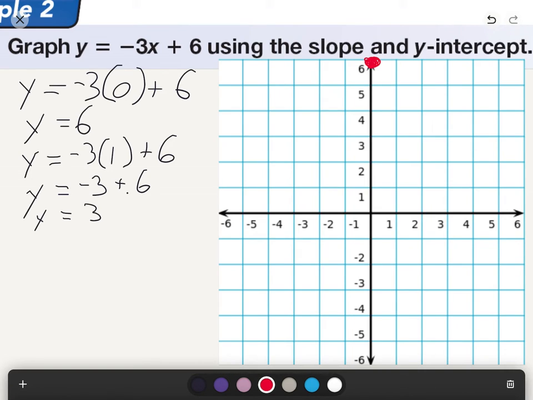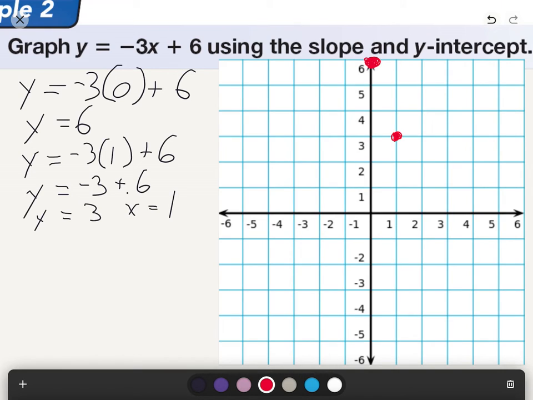So here, I'll put our second point. For this, y equals 3 and x equals 1. I'll plot that. Okay, and well, the book does 4. Maybe do one more. I think at this point we could predict the last one, right?